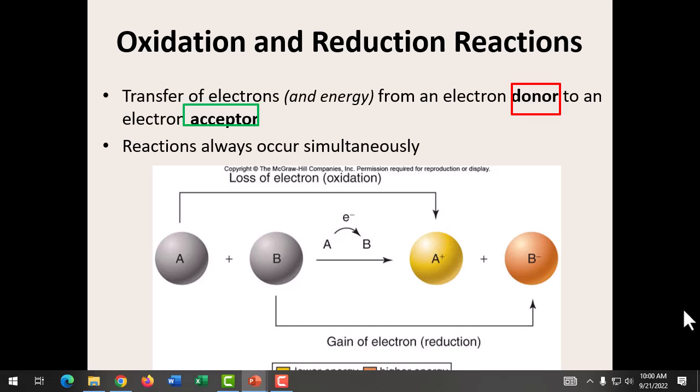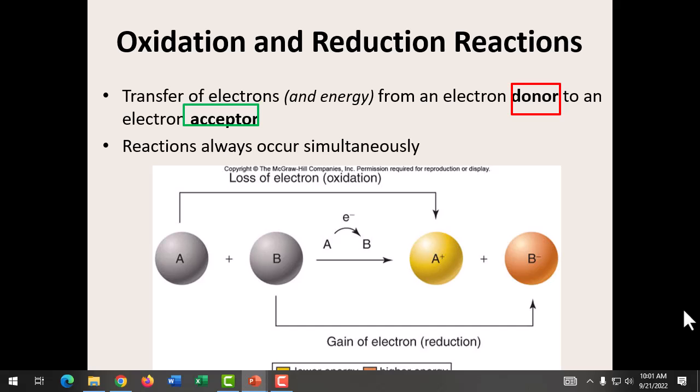The molecule B is going to pick up that electron. Now, molecule A just lost an electron. And what charge are electrons? Positive or negative? They're negative. And so my molecule A lost an electron, negatively charged. It is now positively charged.